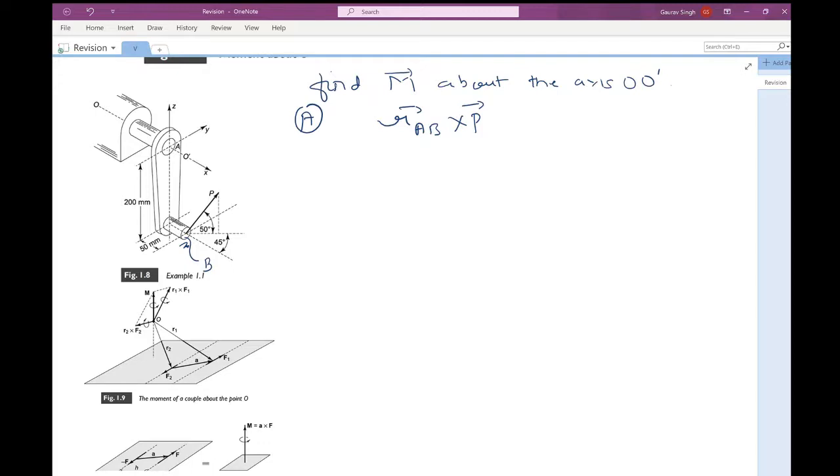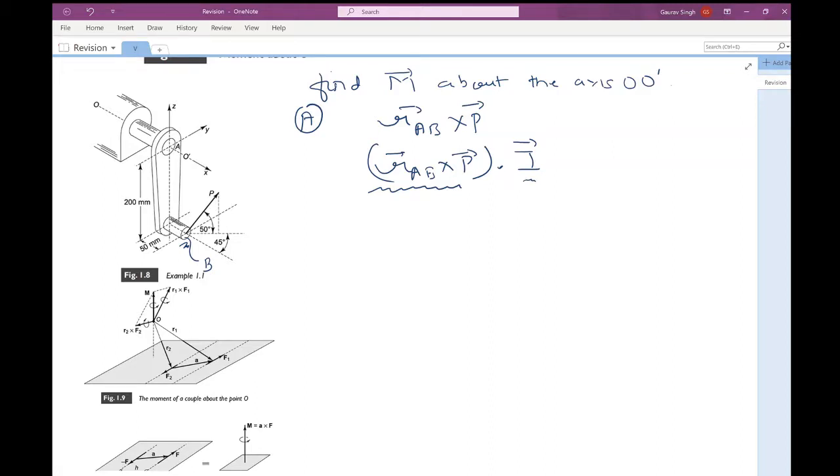Then in order to get the moment about an axis, all you have to do is find the component of the moment vector parallel to the axis. So how would you do that? You will take R_AB cross P dot I. This is a vector, and taking a dot product with I, which is the direction OO dash, you are seeing the projection of this vector on this axis.